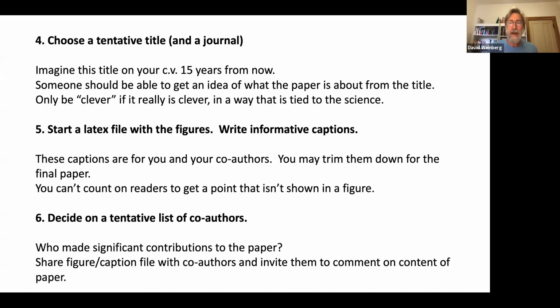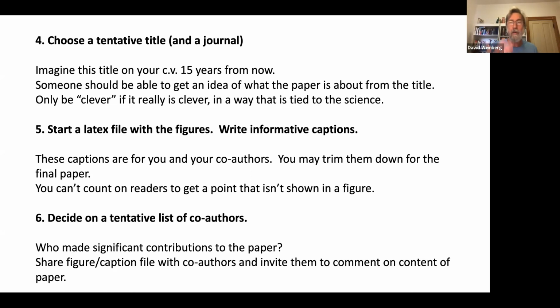So decide on this tentative list and share this figure and caption file with them, and say, here are the results that we're thinking about putting into this paper, and if you have comments on the overall science content of the paper, you can do it now.